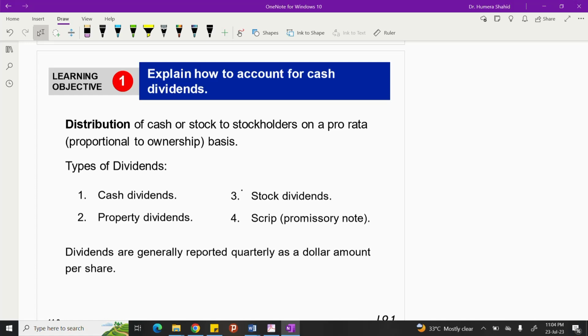But before moving into what is cash dividend, we should be very clear about what a dividend actually is. The definition of dividend is the distribution. Distribution of what? Distribution of cash or stock. Stock means shares. To whom? To the stockholders. And how do you distribute? Distribute it on a pro rata basis.